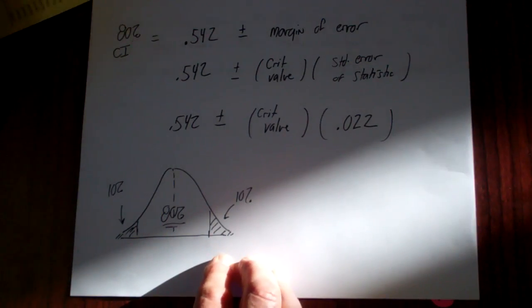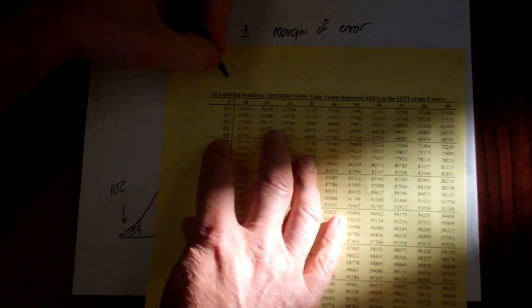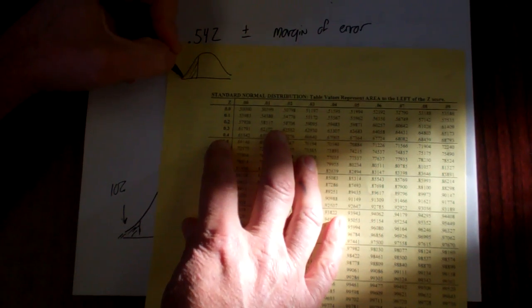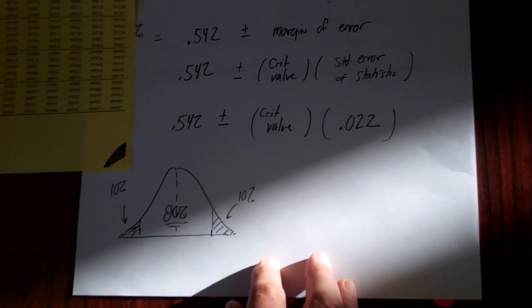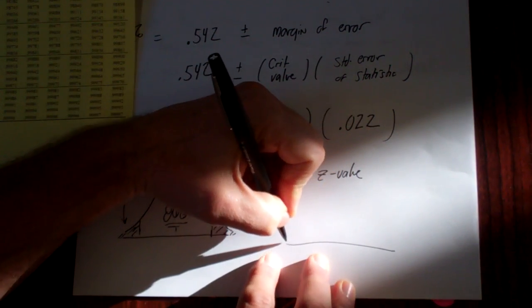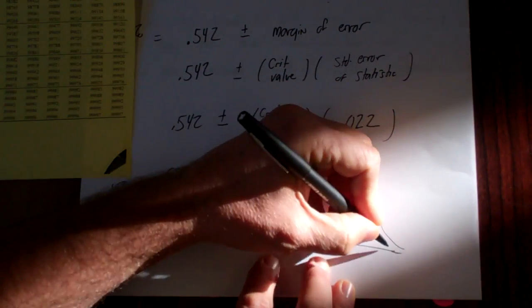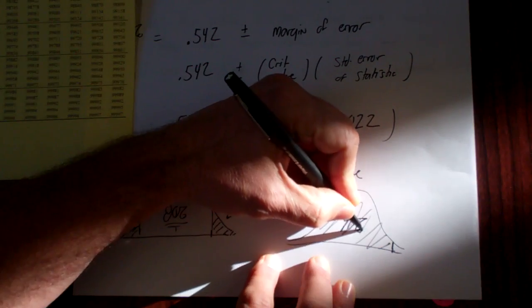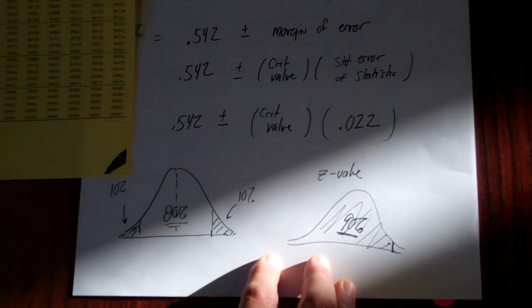Think about your z table. Usually z tables give you the amount to the left. So what I'm going to do is find the z value such that 90% of the population falls to the left.